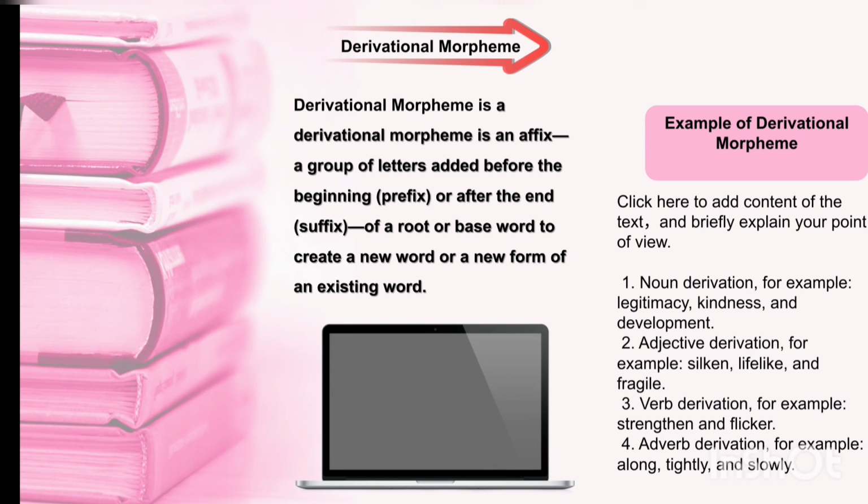Derivational morpheme. A. Definition of derivational morpheme. So, derivational morpheme is an affix, a group of letters added before the beginning, prefix, or after the end, suffix, of a root or base word to create a new word or a new form of an existing word.